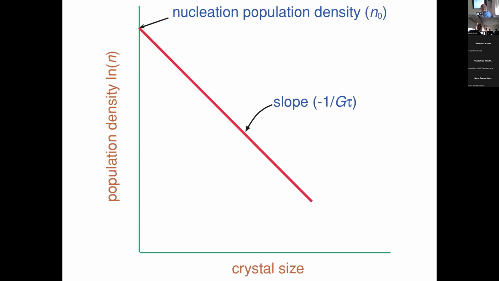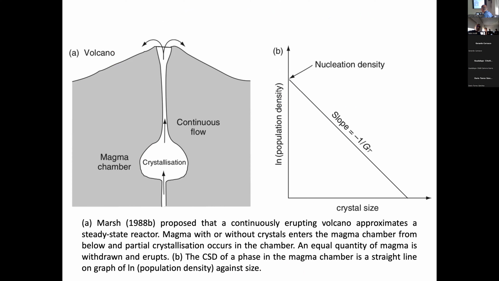And then I don't know how familiar you are with crystal size distribution. Heard? Okay, this can be useful. Crystal size distribution was developed, I would say, by Marsh in 1988.